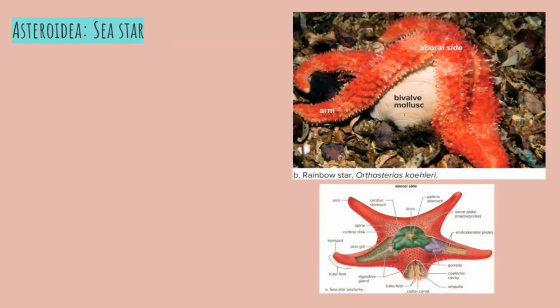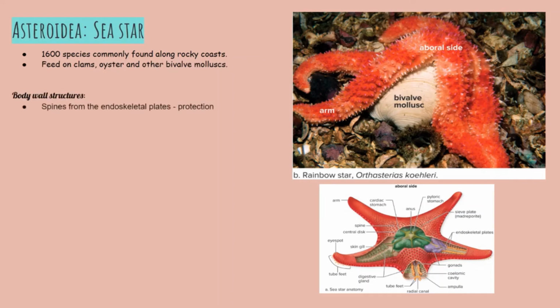Next we are going to focus on the group Asteroidea, which is the sea star. Sea stars number about 1,600 species, commonly found along rocky coasts where they feed on clams, oysters, and other bivalve mollusks.